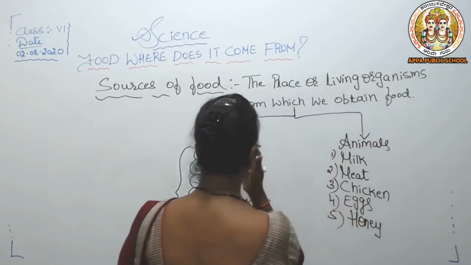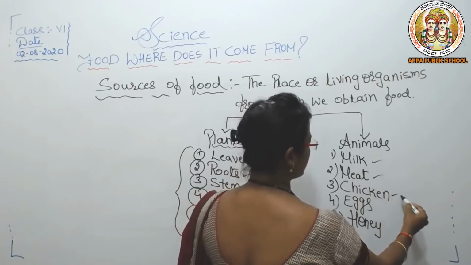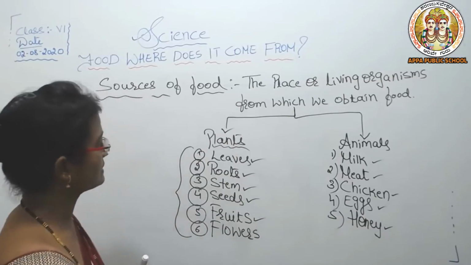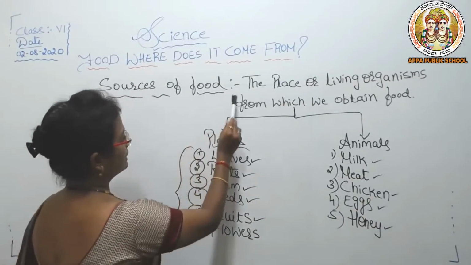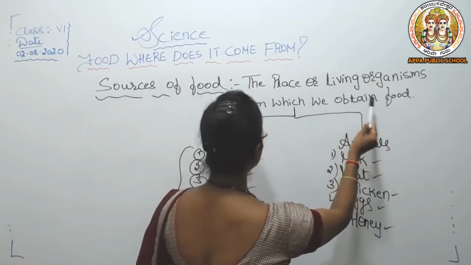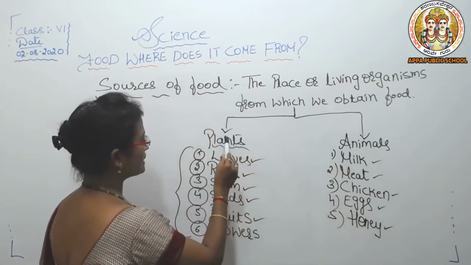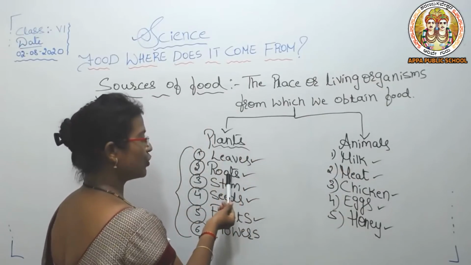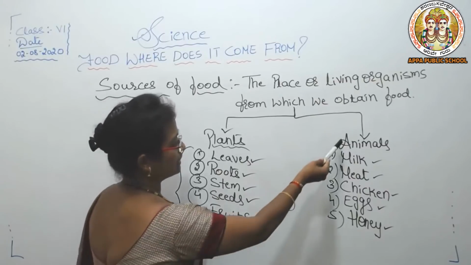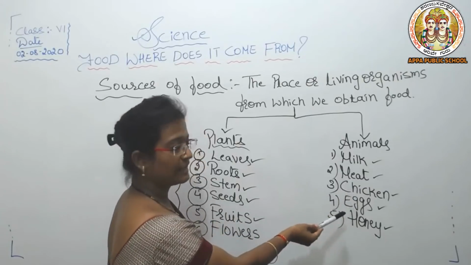So these are the sources which we get from animals: milk, meat, chicken, eggs, and honey. Okay, this is about sources of food, the place or living organisms from which we obtain food. There are two sources: plants and animals. From plants we get leaves, roots, stem, seeds, fruits, flowers, and from animals we get milk, meat, chicken, eggs, and honey.